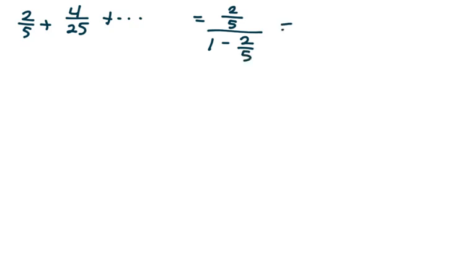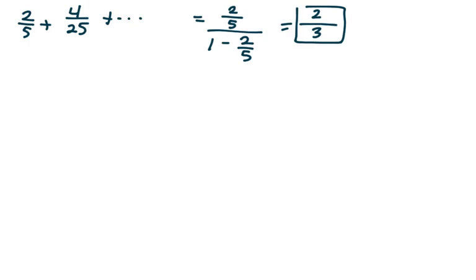And so 2/5 plus 4 over 25 plus on and on and on. This sum is 2/5 divided by 1 minus 2/5, right? And then this is 2 divided by 3 when you're all done. That's how that one works.